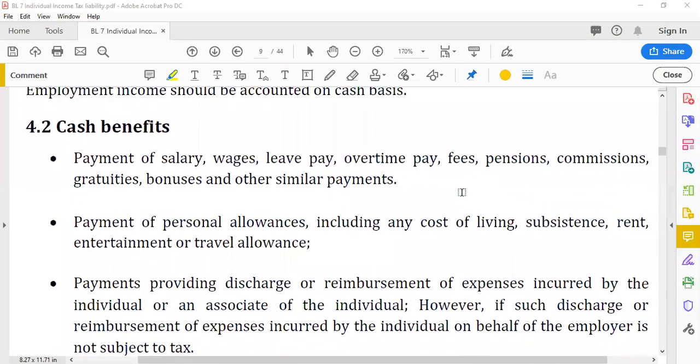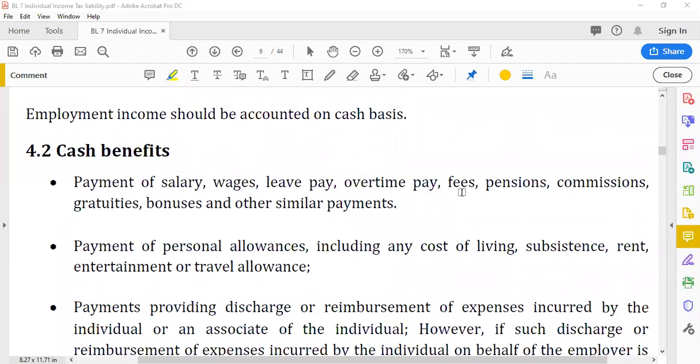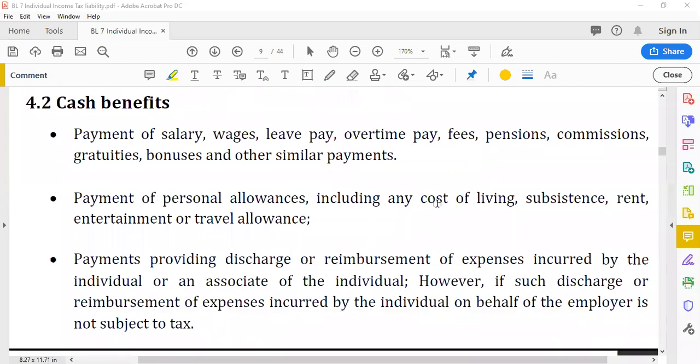Cash benefits, right? Employment income should be allocated on cash benefit. Payment of salary, wages, leave pay. What do you mean by leave pay? Each and every word is very important.